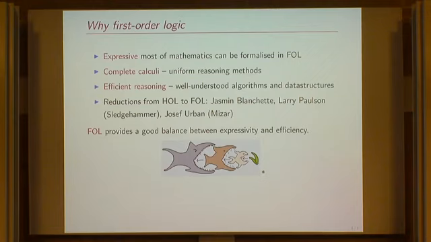Since we have these uniform reasoning methods, there is also lots of development in designing very efficient algorithms and data structures to reason with these calculi. So it provides a good balance between expressivity and efficiency.